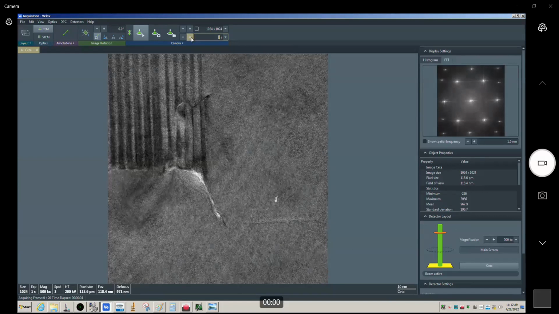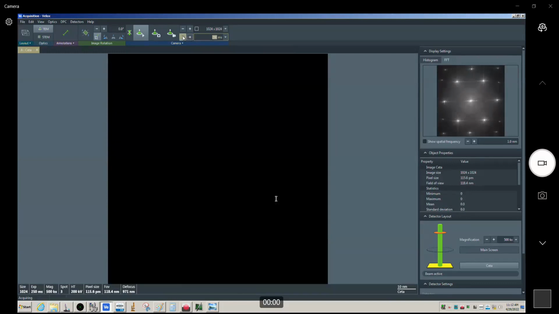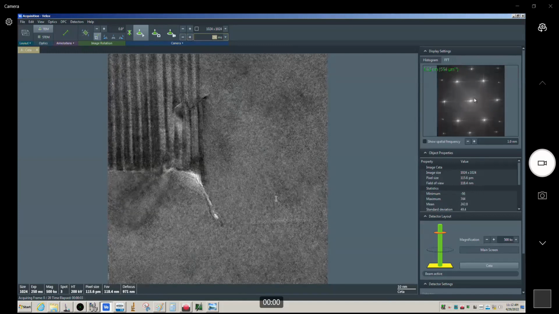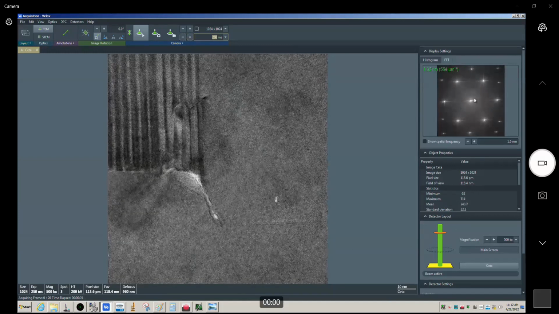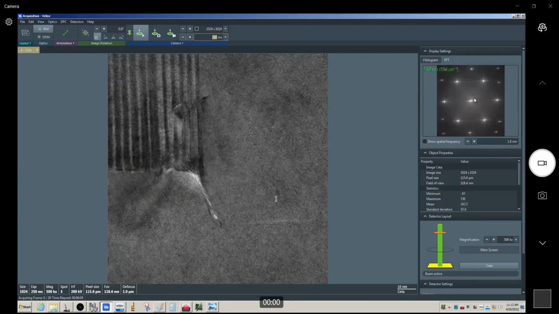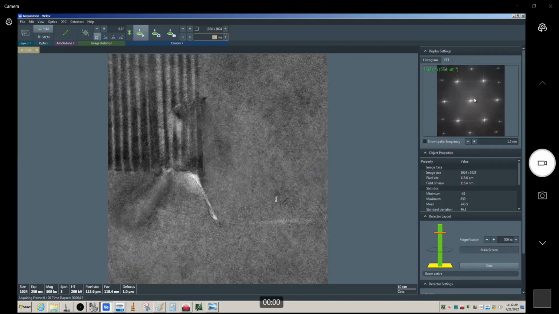Even though I'm bumping up the exposure time here, it's still really not helping me a whole lot. If I look really closely, I can kind of see a ring there, but it's not terribly close.